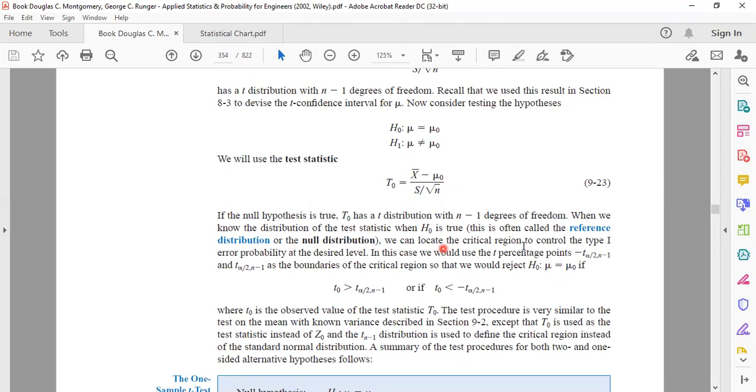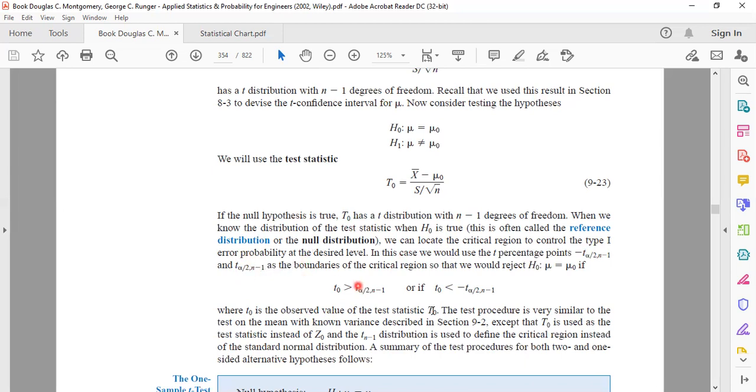We can locate the critical region to control the type 1 error probability at the desired level. In this case, we would use the T percentage points, T at level of significance alpha by 2 with degrees of freedom n minus 1 on the negative side, and T alpha by 2, n minus 1 on the positive side.